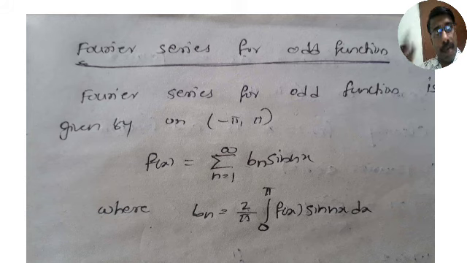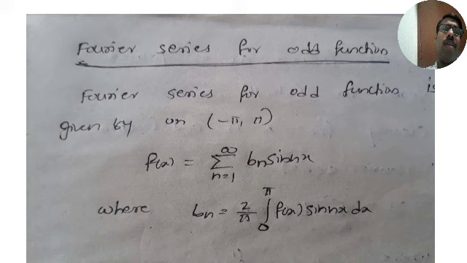Therefore, cos n pi is minus 1 to the power n. I told you this already in previous classes repeatedly. Now I am recalling it because we will use cos n pi is minus 1 to the power n, whereas sin n pi is 0.